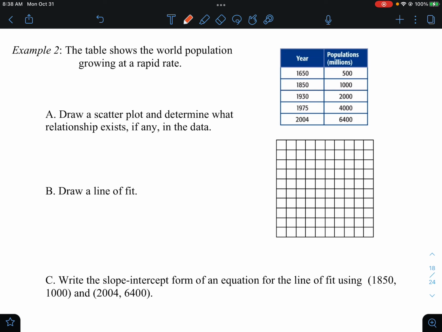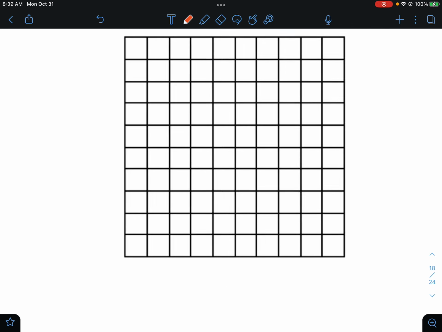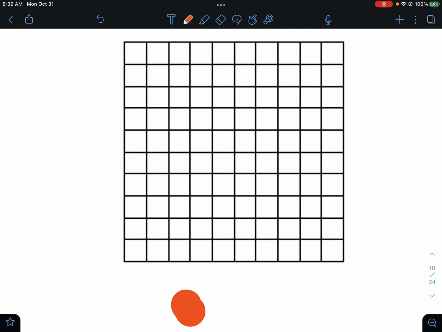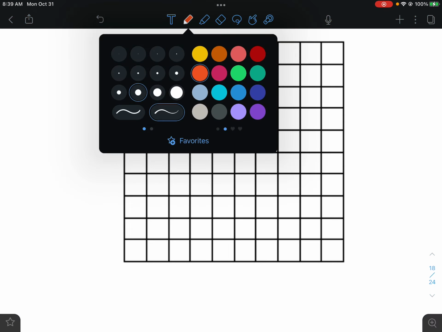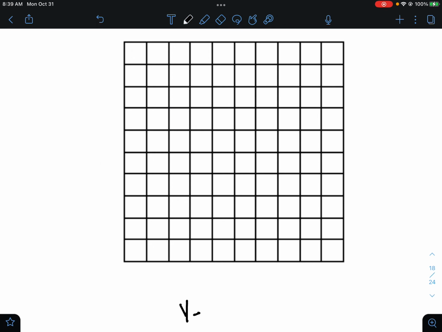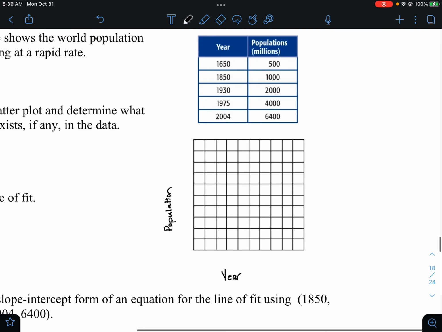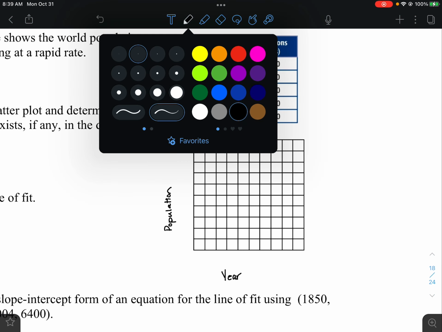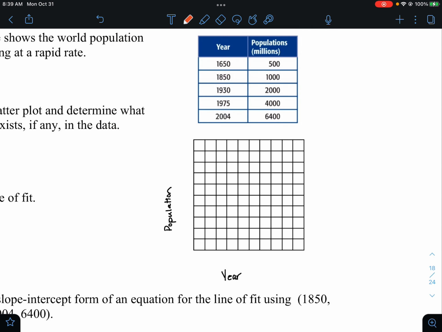All right, so looking at all of this data, we have year and population. So year is going to be down here, so year, and then population. All right, so this is generally the hardest part, trying to figure out how we can fit all of these on.